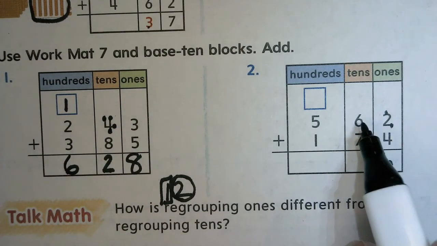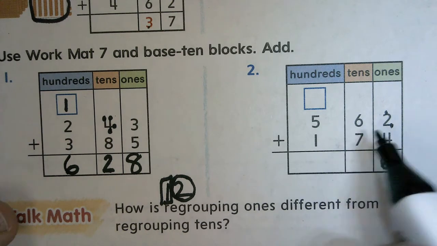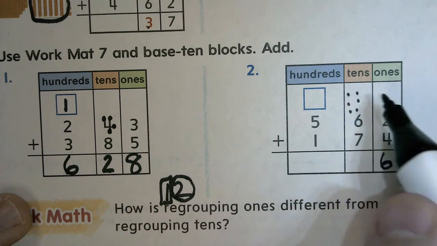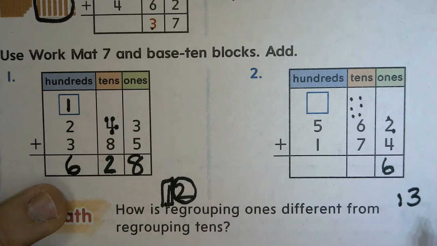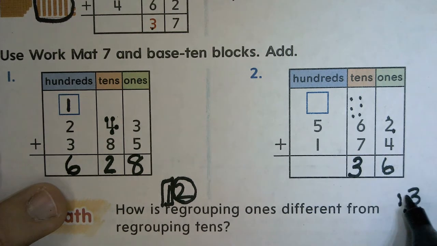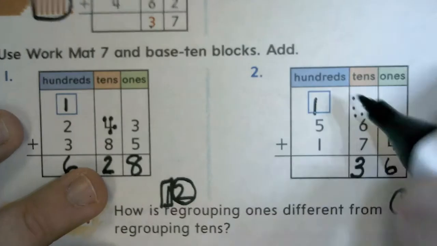In my tens place, I have 6 plus 7. Well, I'll start at 7 and count 6 more. 7, 8, 9, 10, 11, 12, 13. If I have the number 13, I need to keep this number in that place value. So there's a 3 in my tens, and I need to regroup this 1 to my hundreds.